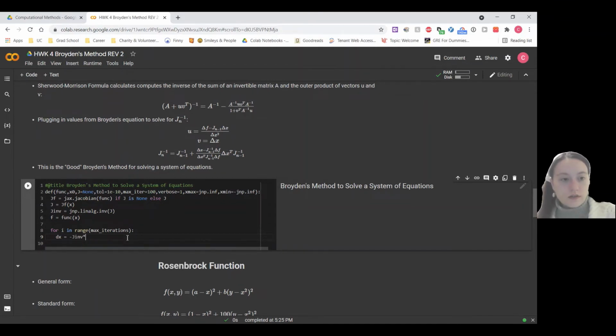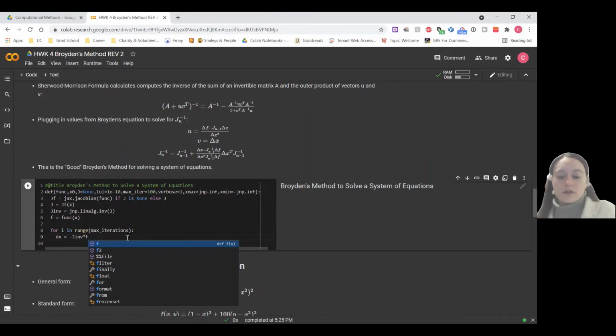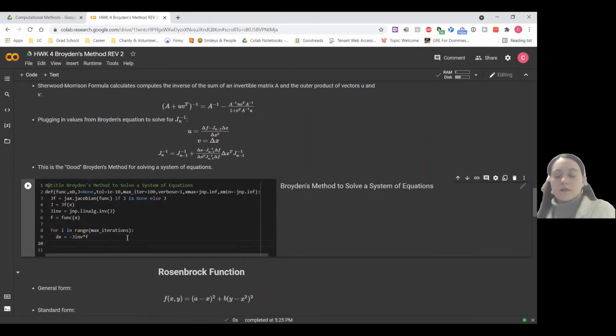Inverse times f. So that's what the dx will normally be.